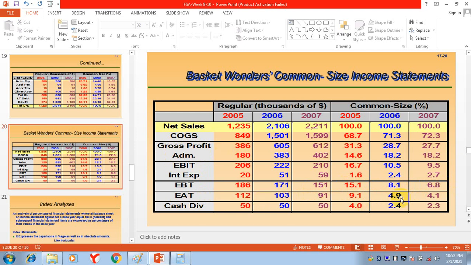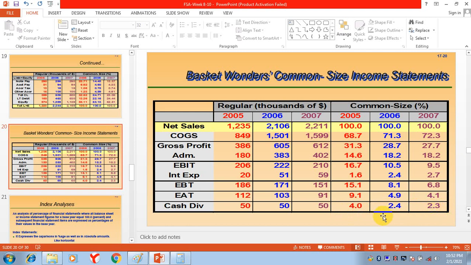Earning after taxes, so 9%, 4.9%, 4.1%. Sale is increasing, but profit is decreasing, which is not a good sign. And this decrease in profit is because of the increase in cost of goods sold and the increase in admin expenses. And cash dividend, previously we paid $4 dividend, now we are paying 2.4, and in 2007 2.3, which is a negative sign.